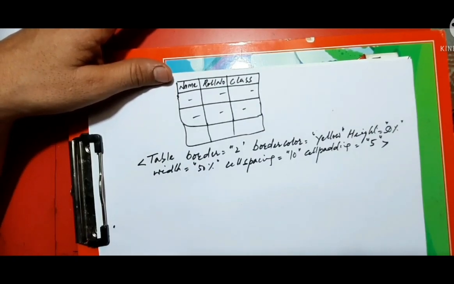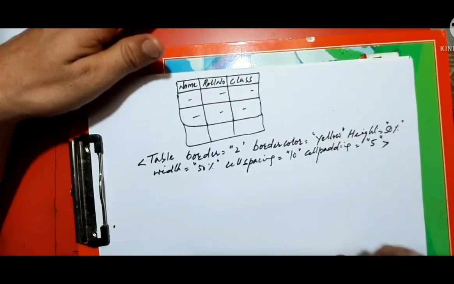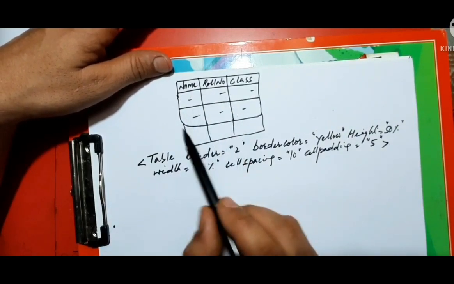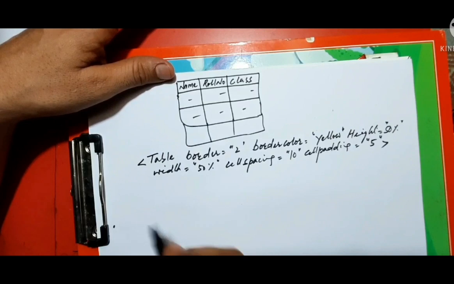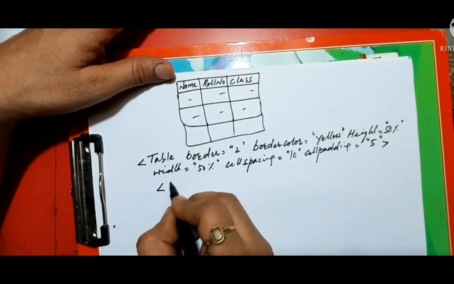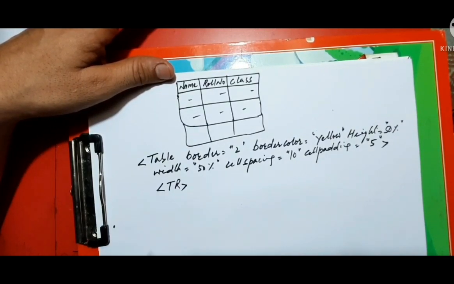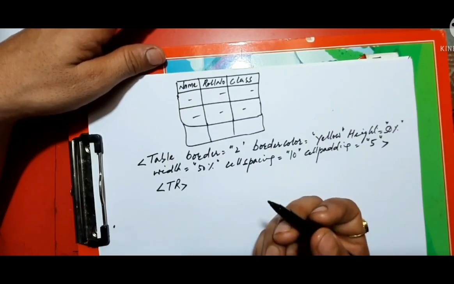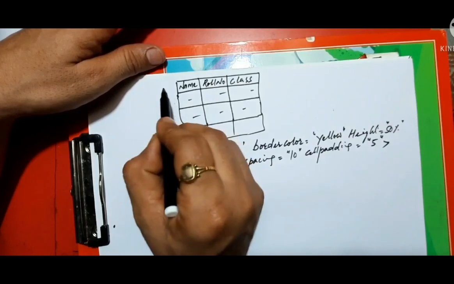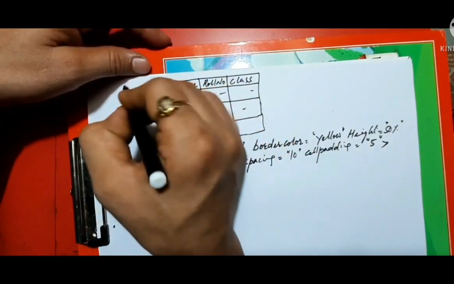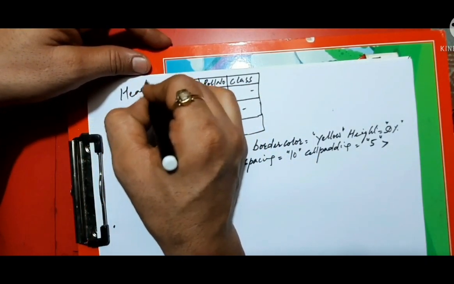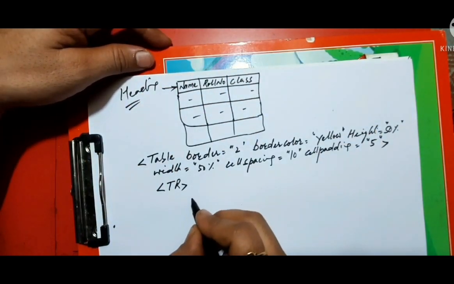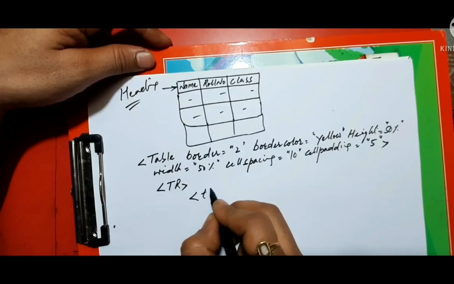Now we have to create the actual table. So we create the row, then we create columns in that row. For creating the row we use tr, and then in the row we create the columns. Now this is my first row. The first row is generally called the heading row, so the cells in the heading row are created using th.